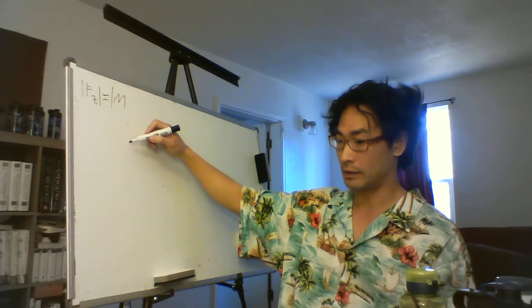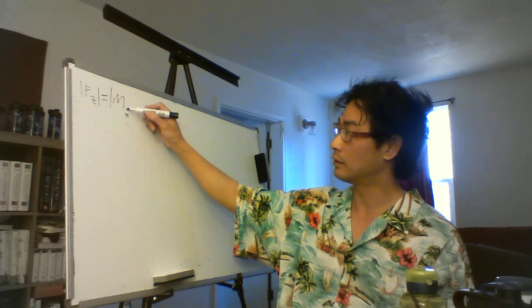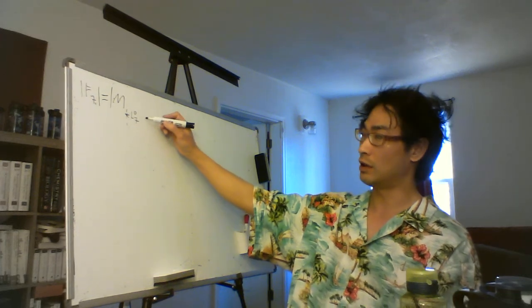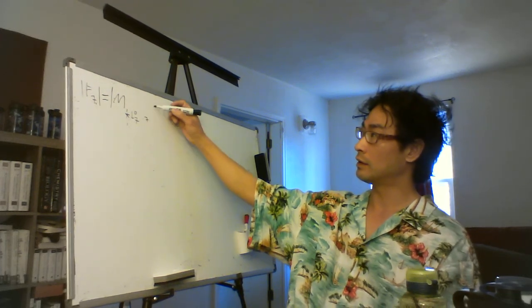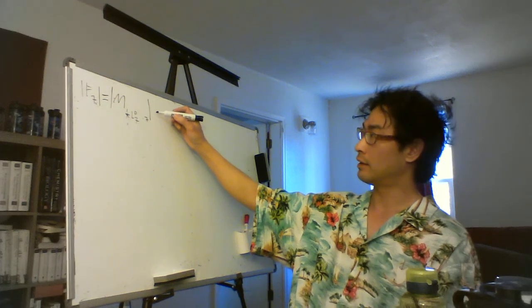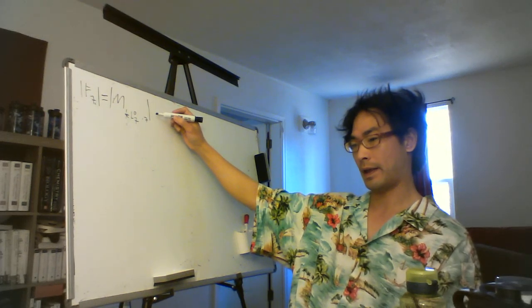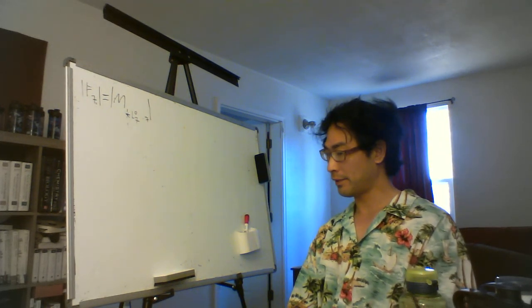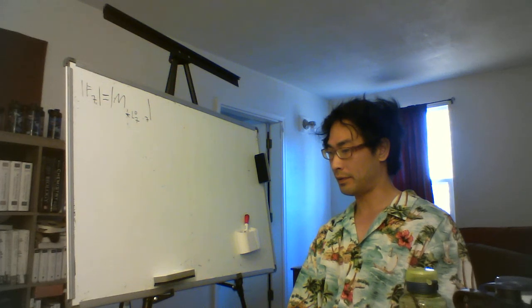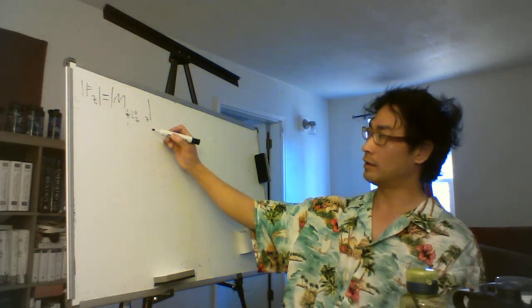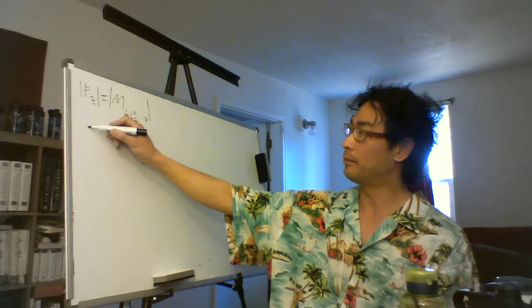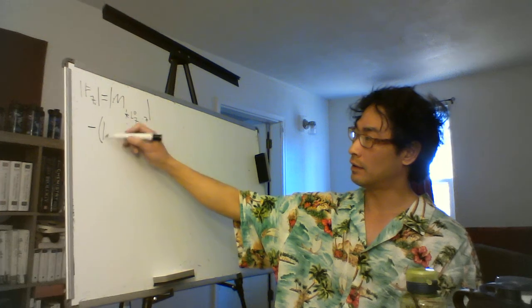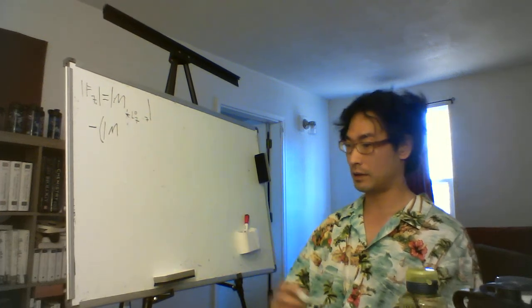M, you define this as 0, multiplied by 7, minus M.